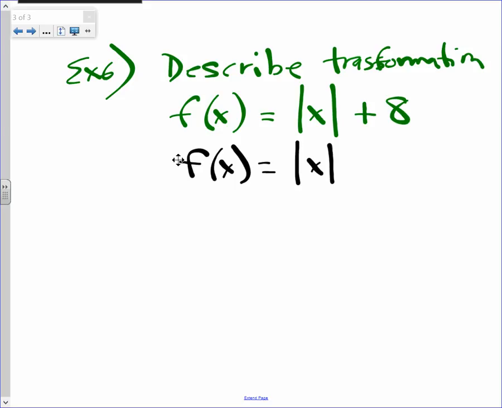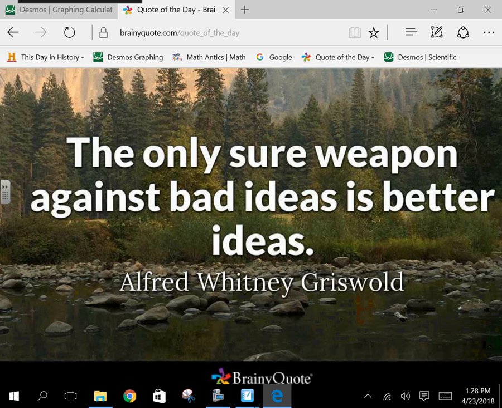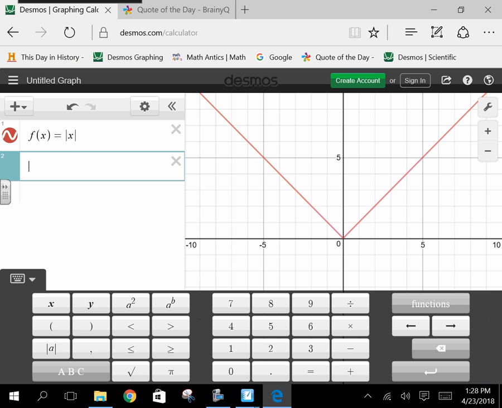Somebody. Upward. Let's verify and see if Lavietta's right. Watch this. I'm going to go to desmos.com. Look at the parent function. F of x equals absolute value of x. There it is in red. Let me see if Lavietta's right. Underneath that, I'm going to go ahead and copy and paste this.